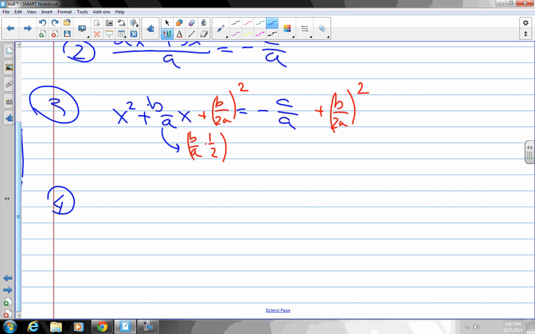And finally, the left-hand side is just x plus b over 2a squared. So it collapses into that pretty quadratic expression. While the other side, let me play with that a little bit. It's b squared over 4a squared minus c over a. Right? That's my right-hand side. Can I combine those two fractions? What will be the common denominator between 4a squared and just a?